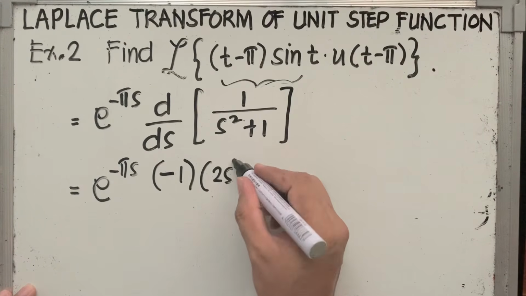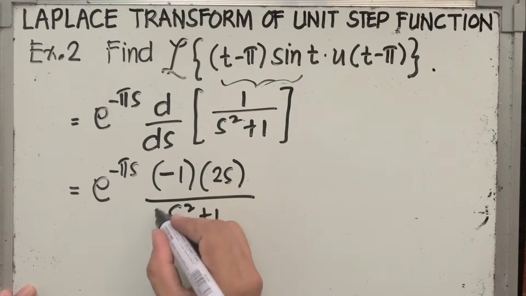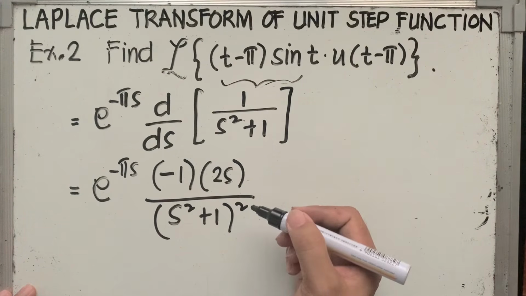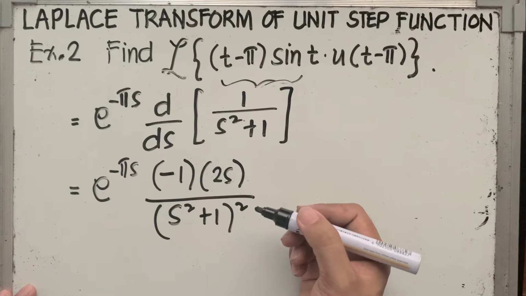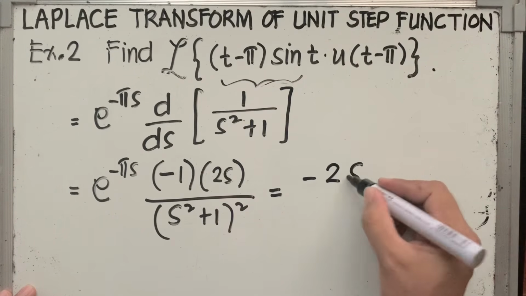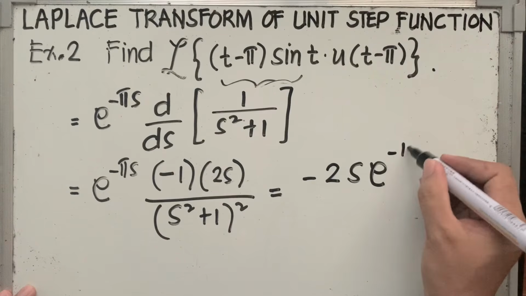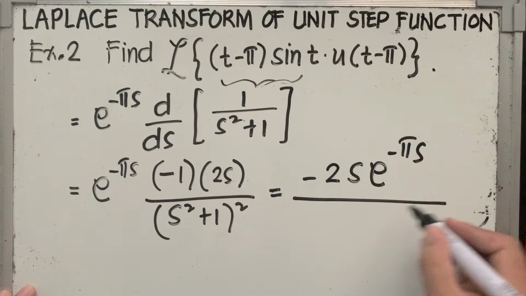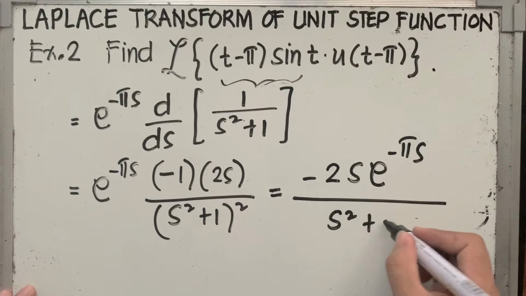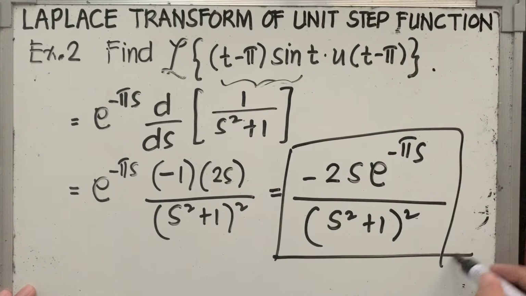Negative 2s over s squared plus 1 squared. Okay, so ayusin na lang natin. So this is now the final answer to the Laplace transform of t minus pi sine of t times u of t minus pi. So this is negative 2s e raised to negative pi s all over s squared plus 1 raised to 2. Yan, box na lang natin. Okay, that's it.